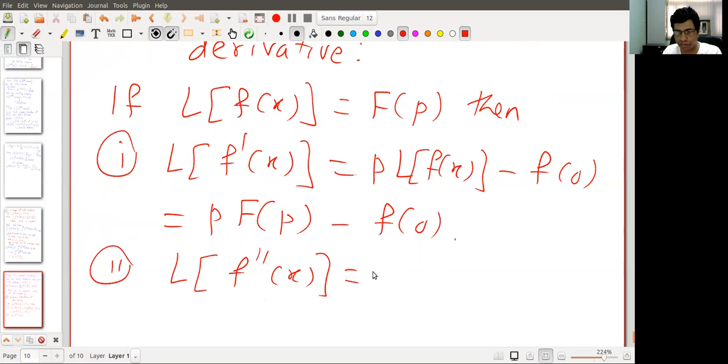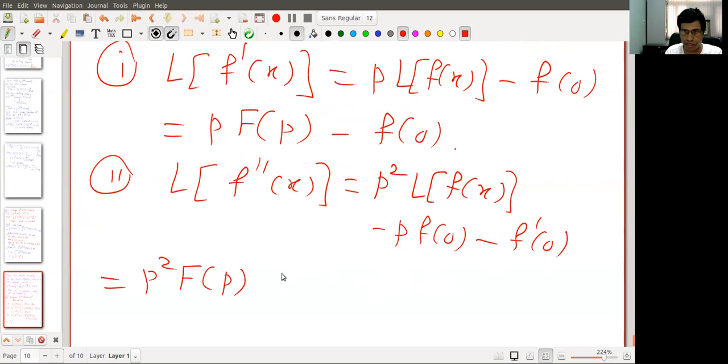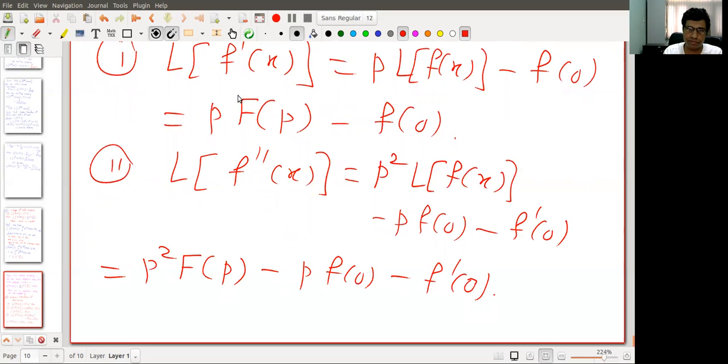L of f double dash of x is p square into Laplace transform of f of x minus p into f of 0 minus f dash 0, or maybe p square into capital F of p minus p into f of 0 minus f dash 0.